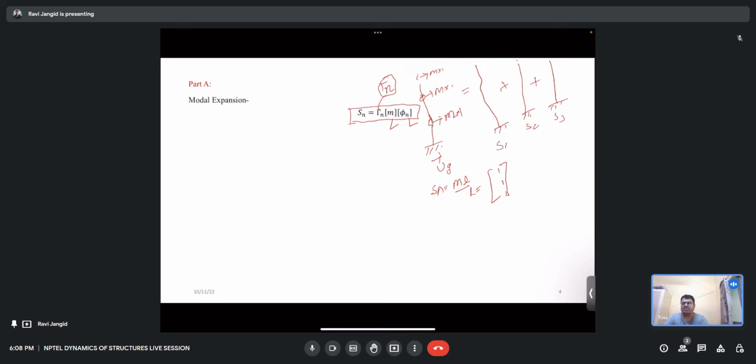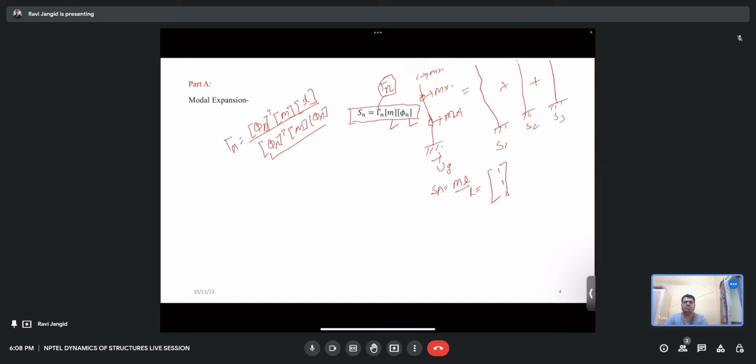So this gamma n, model partition factor, if you have gone through the week 11 content or week 10 content, in this they have explained that gamma n is given as phi n transpose times mass matrix times influence vector divided by phi n transpose times mass matrix times phi n.